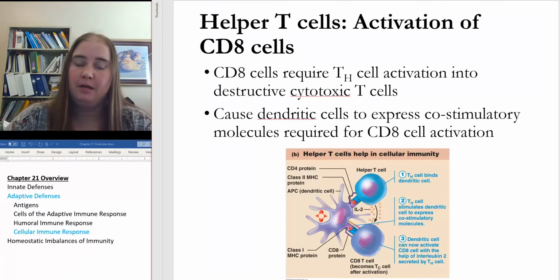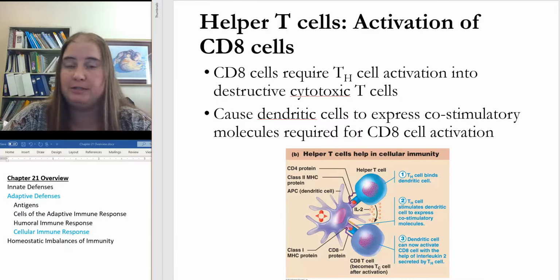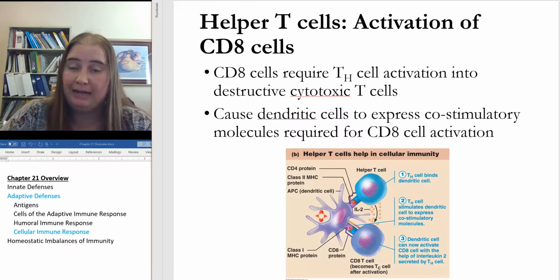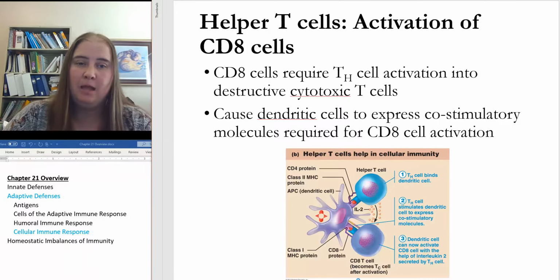Now, in addition to activating our B cell, the CD4 or the T helper cell, now that it's activated, will also activate our CD8 cell. So on that same antigen presenting cell, here we saw this T helper cell activation. Once that CD4 cell becomes activated, it causes this dendritic cell to express a co-stimulator molecule to our CD8.